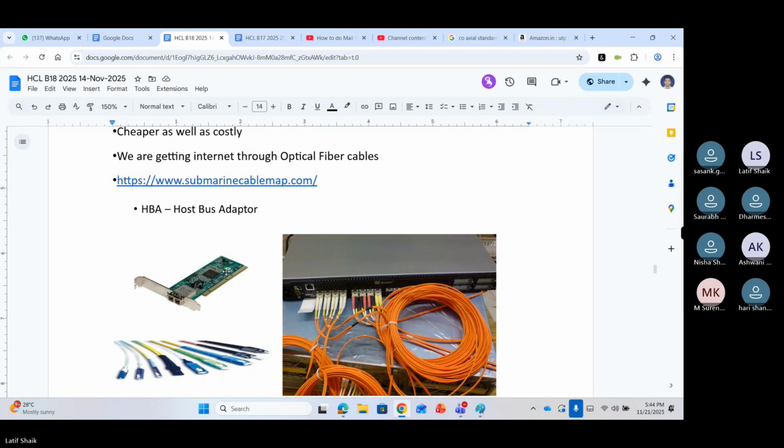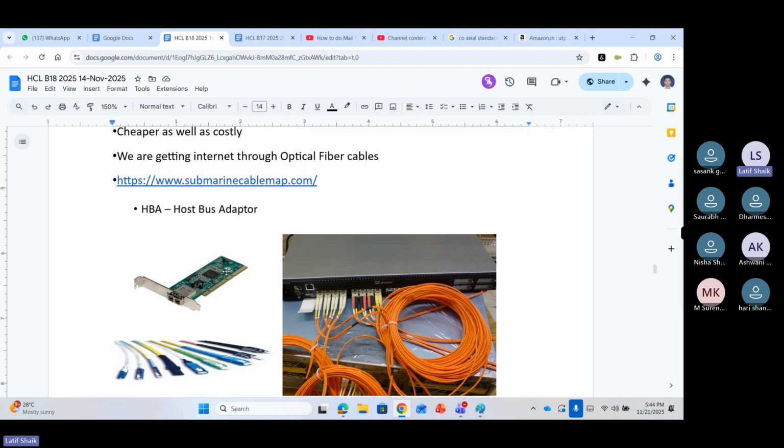Good. And I give you a fiber optical cable. How do you connect a fiber optic cable to your laptop or desktop? Where is the port? Fiber optical port. Where is the port? Not there, right? What will you do if you buy a fiber optic cable and are unable to connect it?